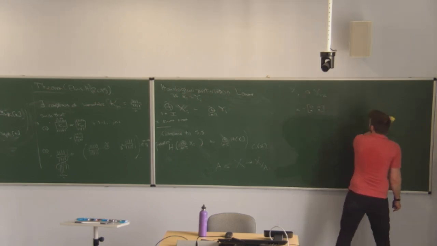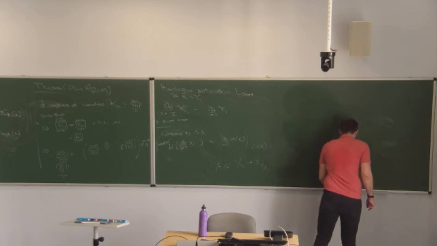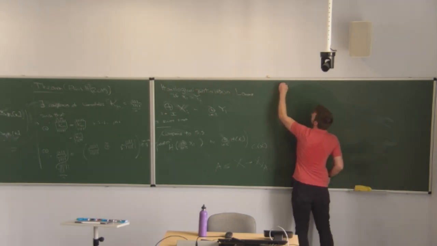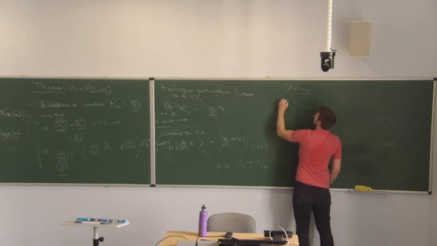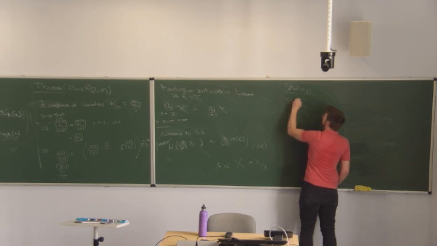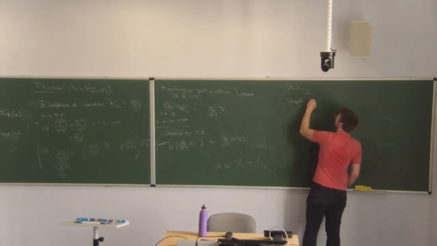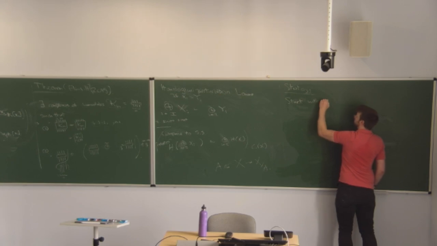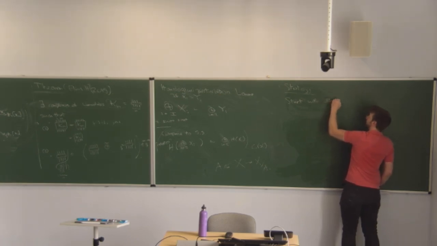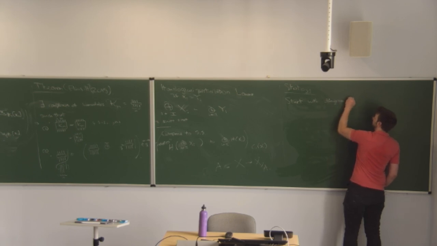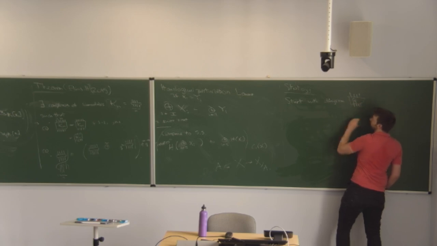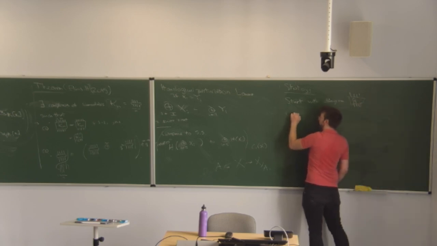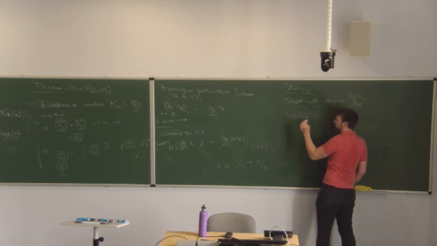So this is the strategy. What we're going to do is start with a diagram for a braid beta. And essentially, without loss of generality, we're going to put a K1 somewhere.